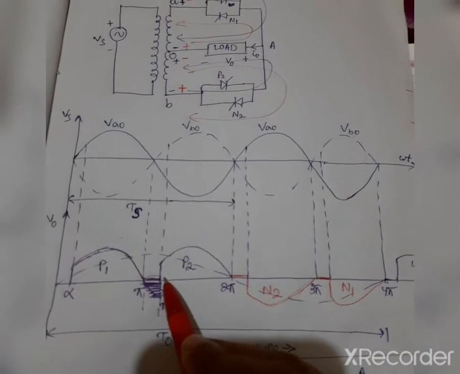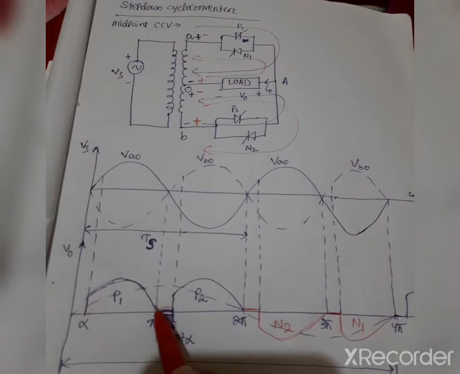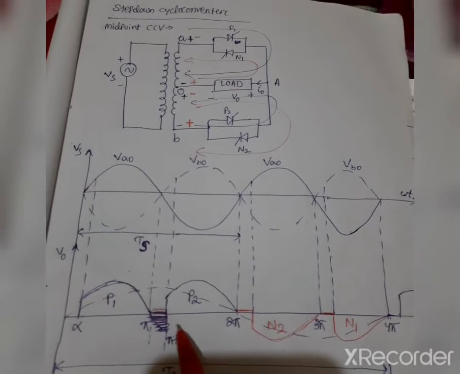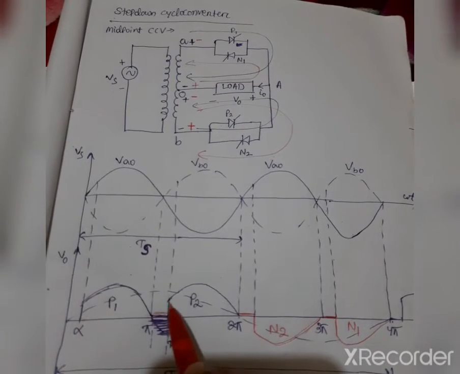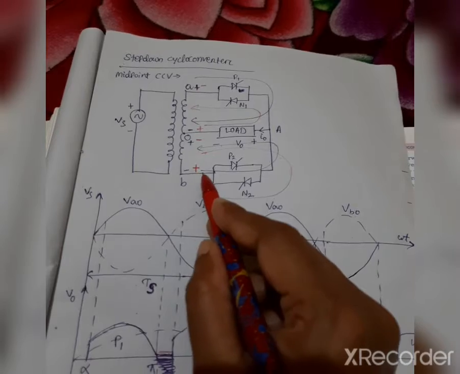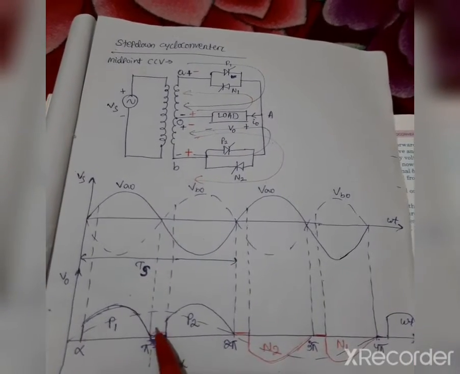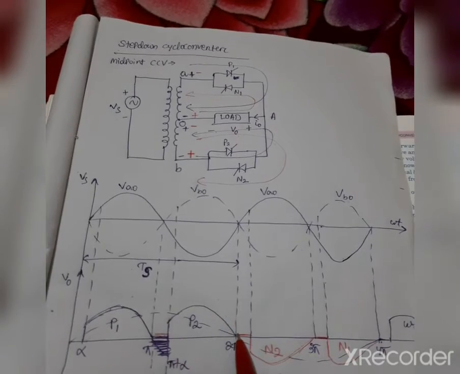From pi to pi plus alpha we haven't given any gate trigger pulse, that's why the output voltage is 0 here. At pi plus alpha P2 is triggered, so through P2, along this blue line current path, current will flow and voltage appears like this.